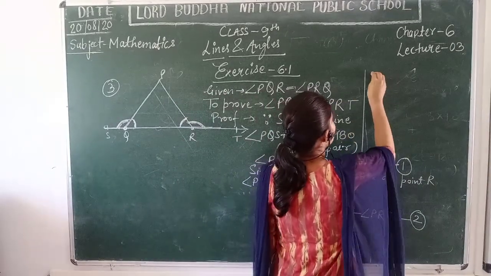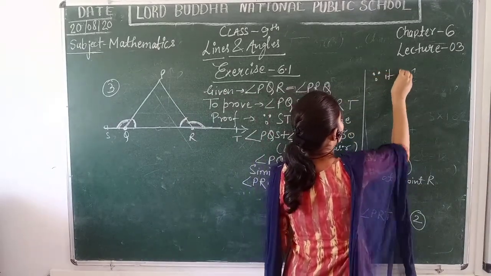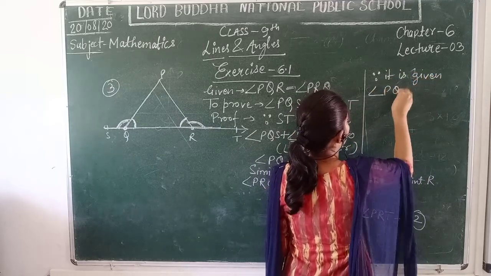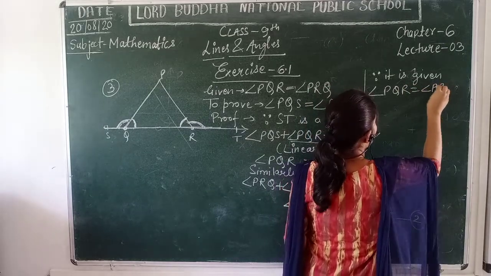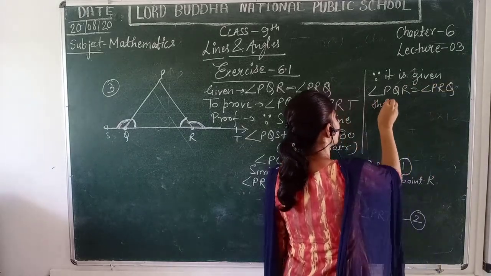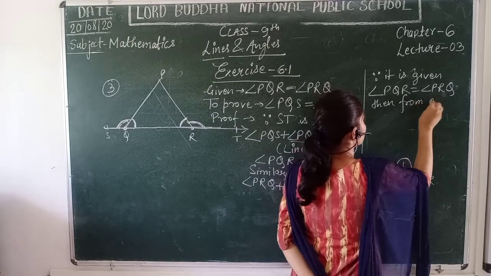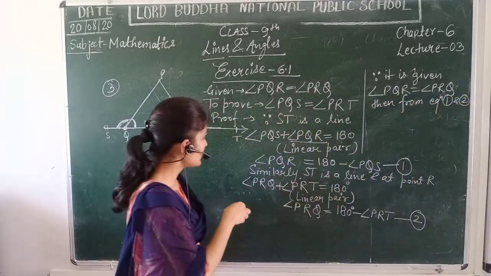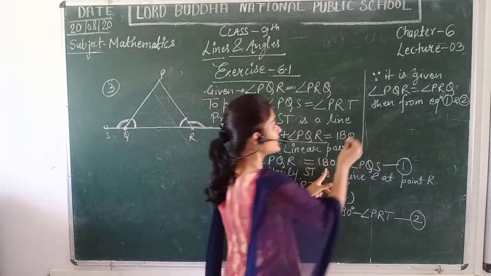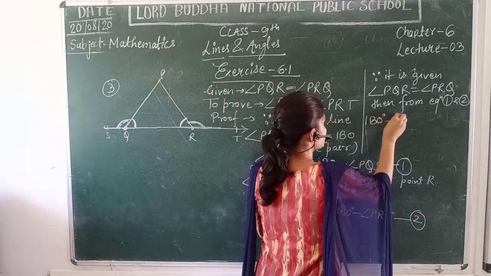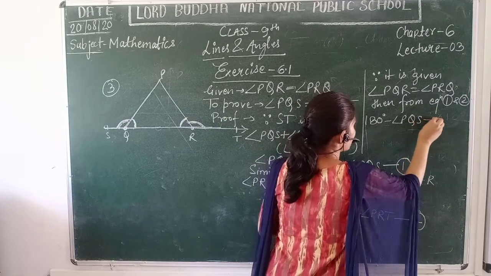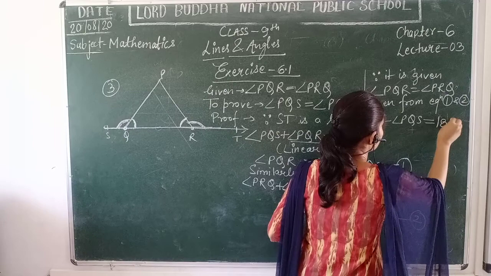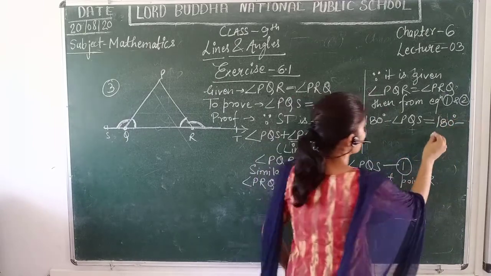So, you write, since it is given that angle PQR equals to angle PRQ, then from equation 1 and 2, let's put the value of PQR. What is the value of PQR? 180 minus PQS equals to, let's put the value of PRQ, which is equal to 180 minus PRT.